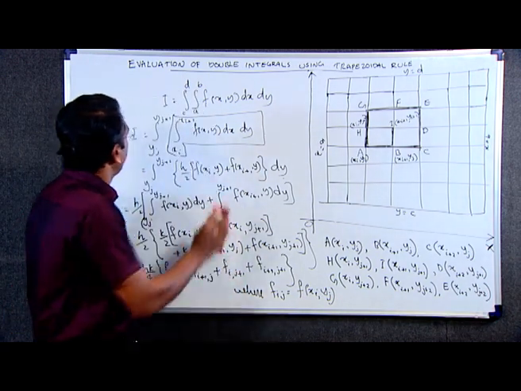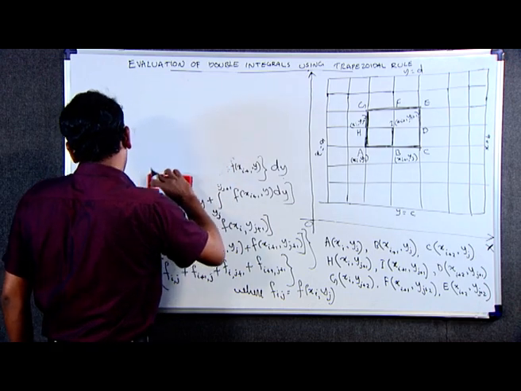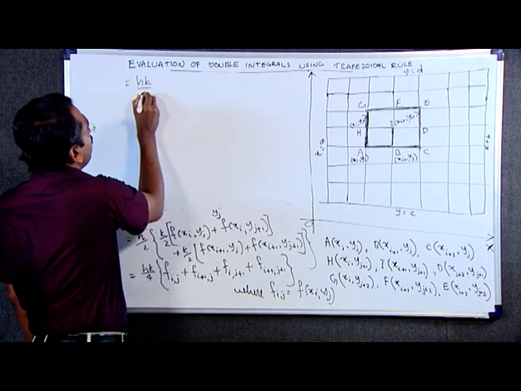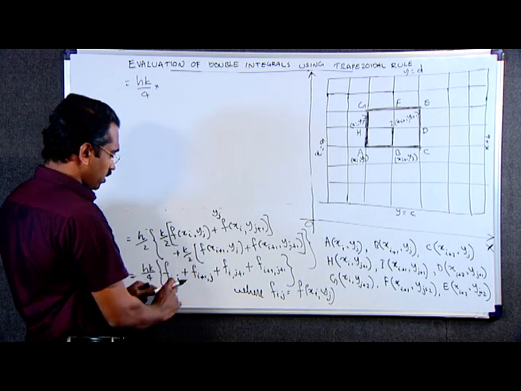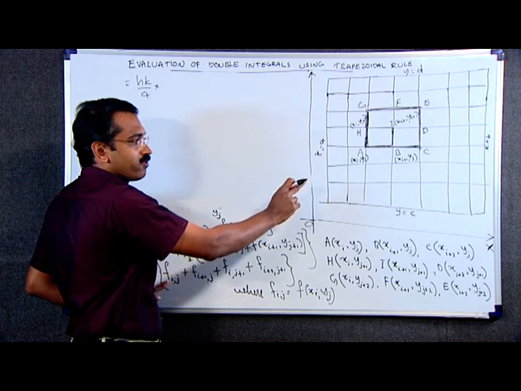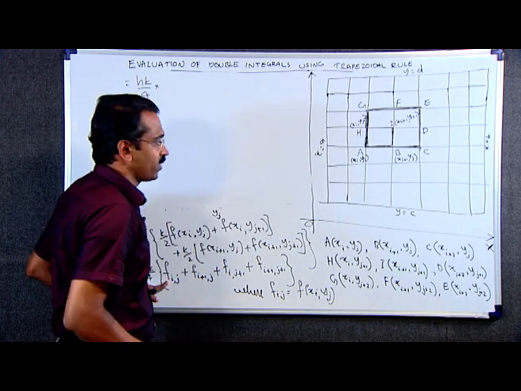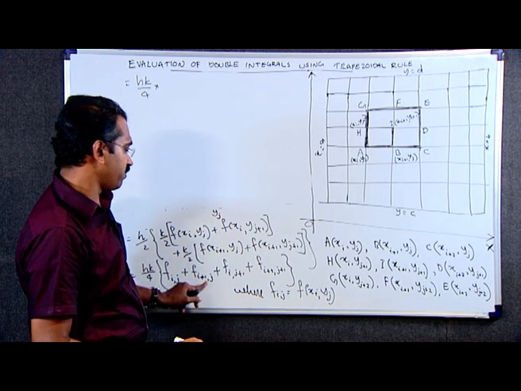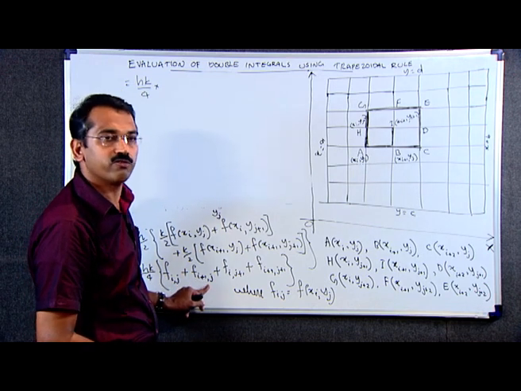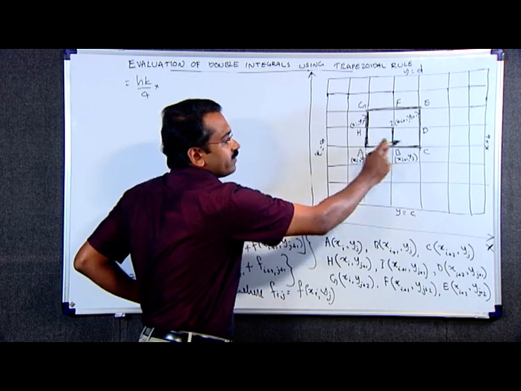Which is equal to h into k divided by 4 into, here note that f i j means the value of the function f of x y at the point xi yj, that is at the point A. F i plus 1 comma j means the value of the function f of x comma y at the point xi plus 1 yj.